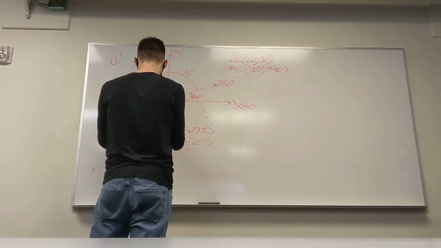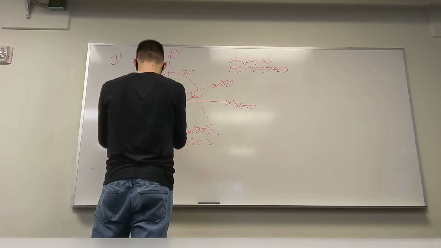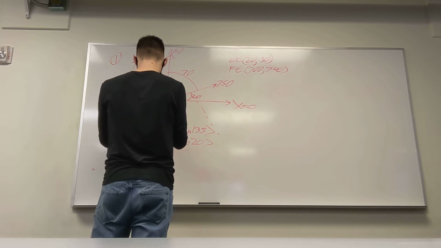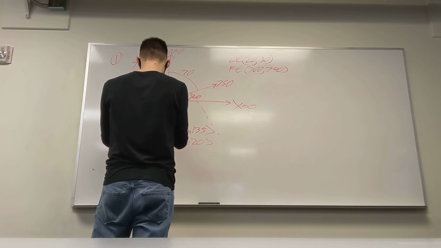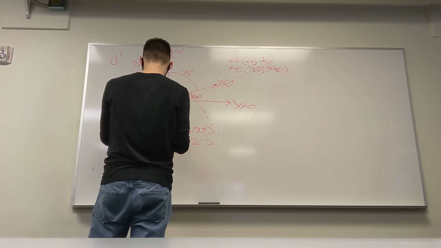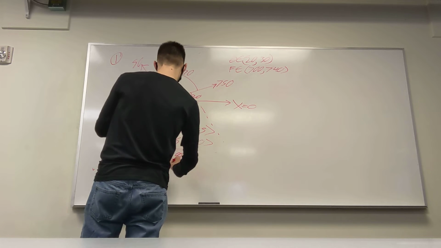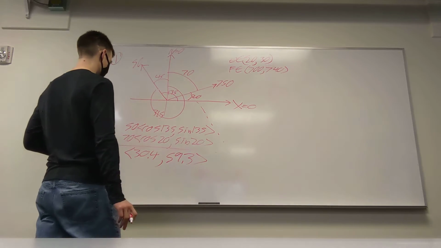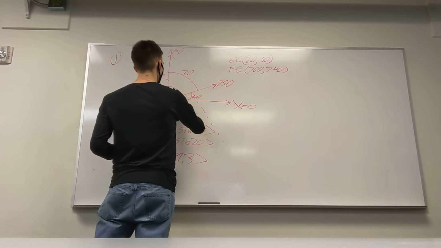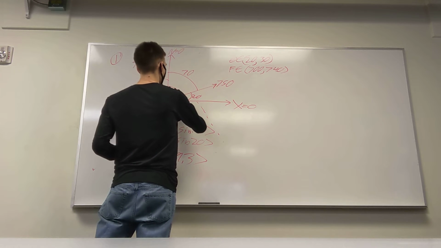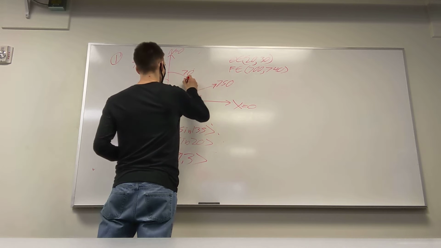And then I'm going to go 50 sine 135 plus 70 sine 20, which is 59.3. So there's my vector, right? It looks like my vector is something like that.